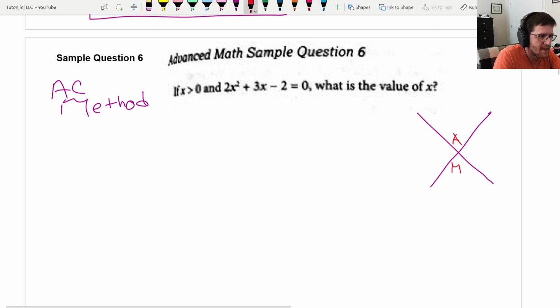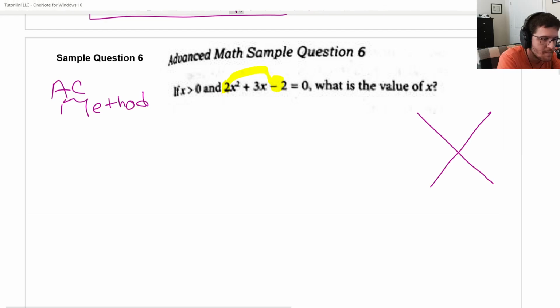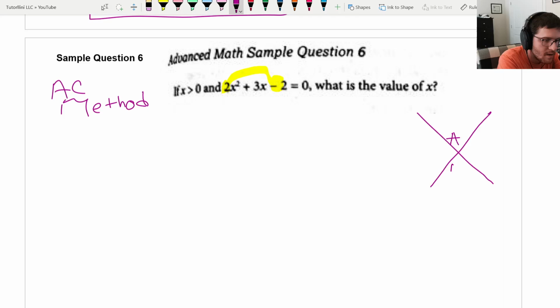Okay, so they've got to multiply to AC. AC is 2 times negative 2. So it has to multiply to 2 times negative 2, which is negative 4. And then it has to add to B, which is the thing in the middle, 3.